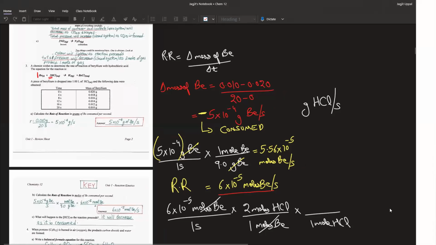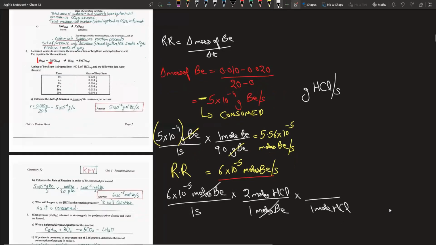All right. So the molar mass of HCl is 36.5 grams. So 1 mole of HCl gives me 36.5 grams of HCl. Moles of HCl cancels. So now what do we have to do? We have to take this number and multiply it by 2 and then by 36.5, and we will express it in terms of grams of HCl per second.